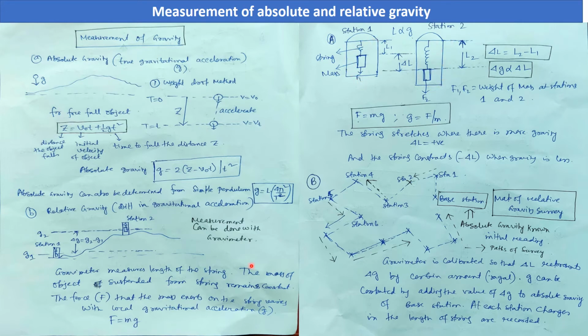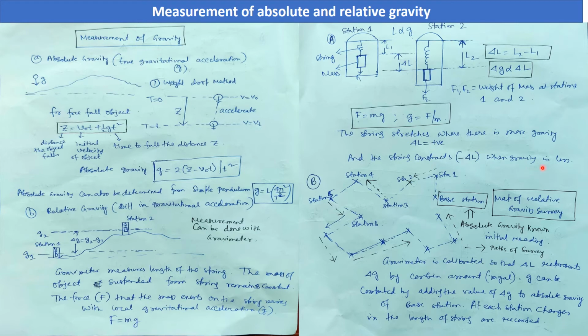That follows the gravity formula F equals mg at any point, the force that the mass exerts on the spring, where F1 and F2 are the weights of the mass at stations 1 and 2. So you can find the value of g from the force exerted divided by the mass. When gravity is more, the length of the spring is more, and the spring contracts when gravity is less.